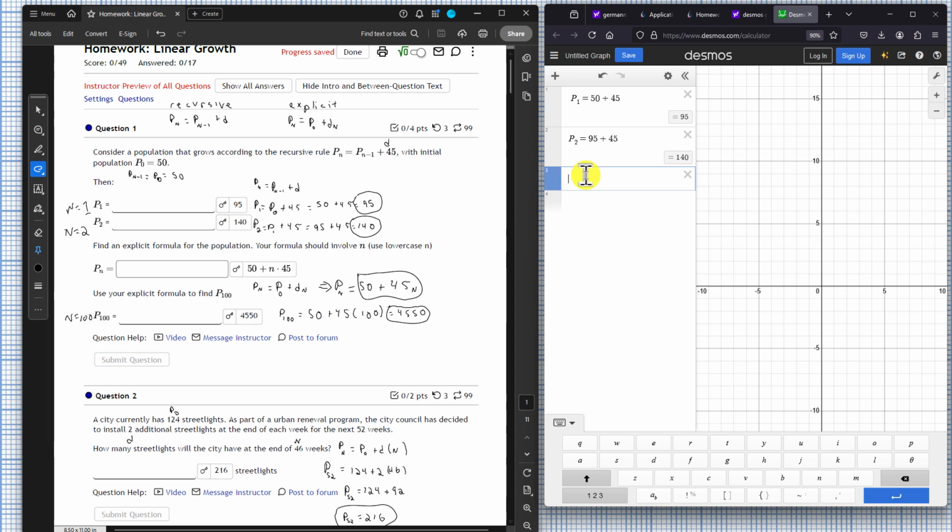So I can do P100 is equal to 50 shift plus 45 parentheses times 100, and there's your answer there, 4,500 for that problem.